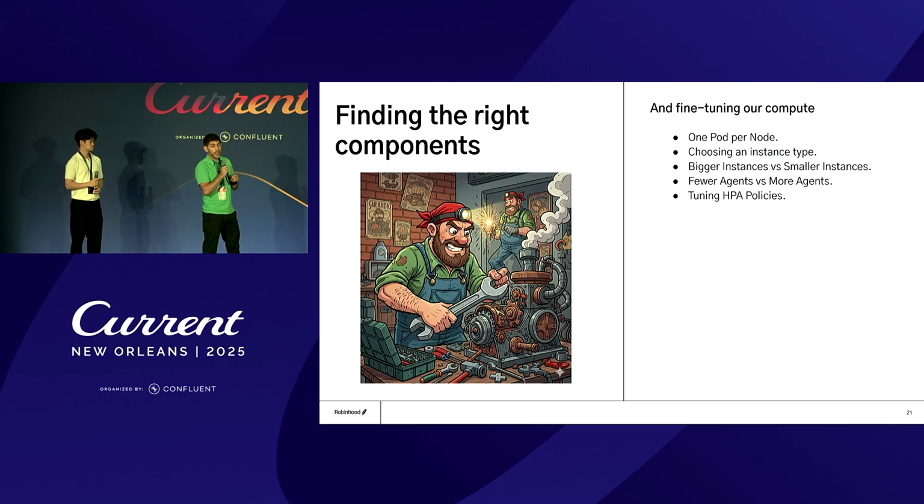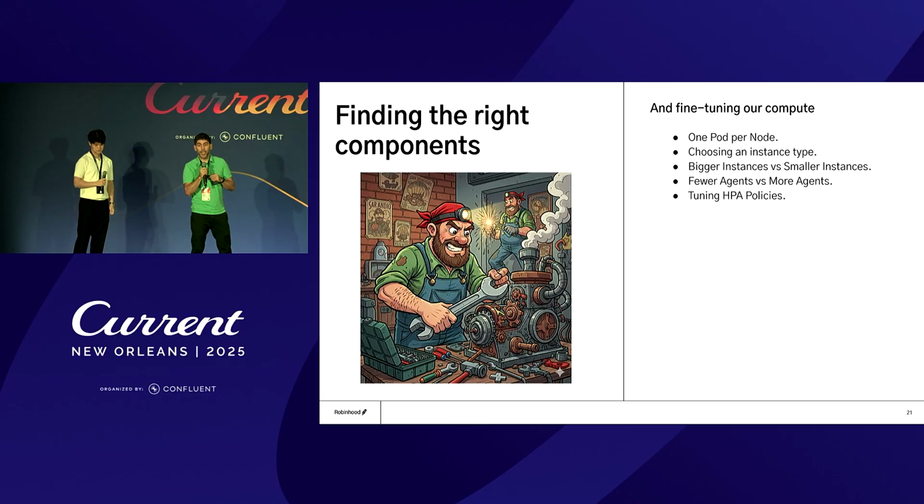The next challenge, and these two are kind of interrelated, is whether we wanted to have bigger instances or smaller instances. If you have bigger instances, you're able to keep the number of agents relatively small, but that means that when you're running at low capacity, you're still running with maybe more capacity than you actually need.